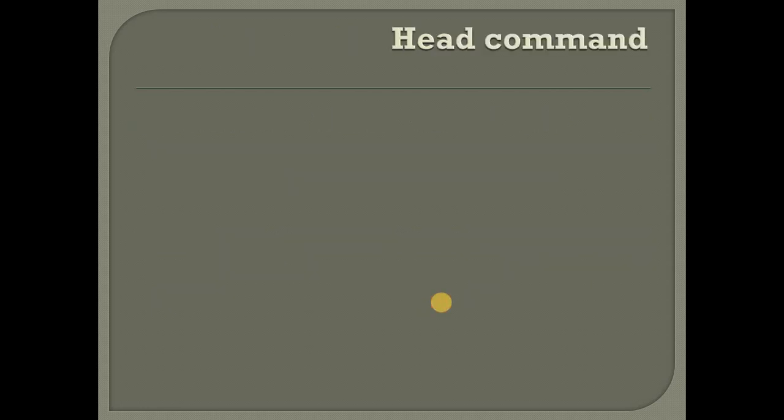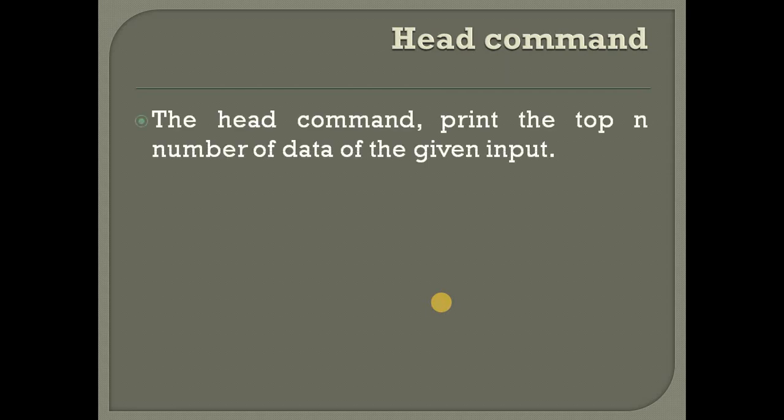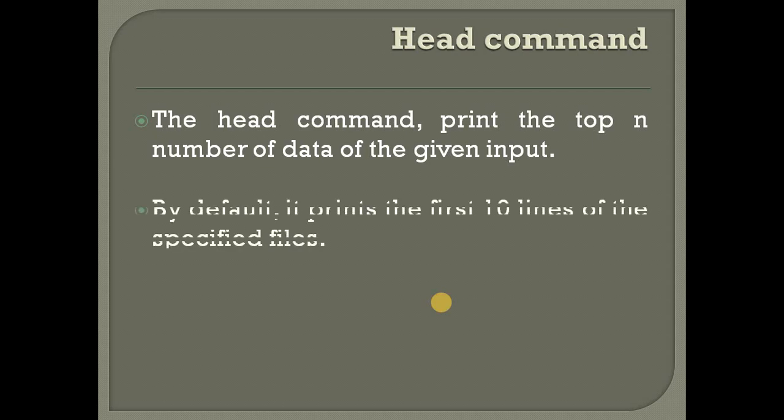First filter command is the head command. The head command prints the top n number of data of the given input. By default, it prints the first 10 lines of the specified file.